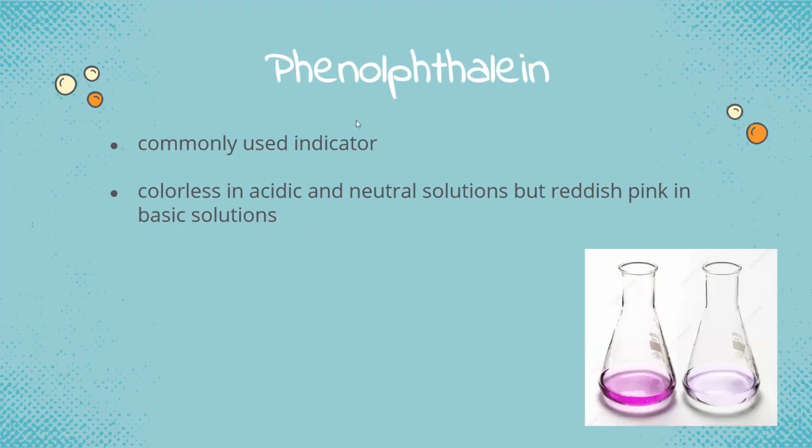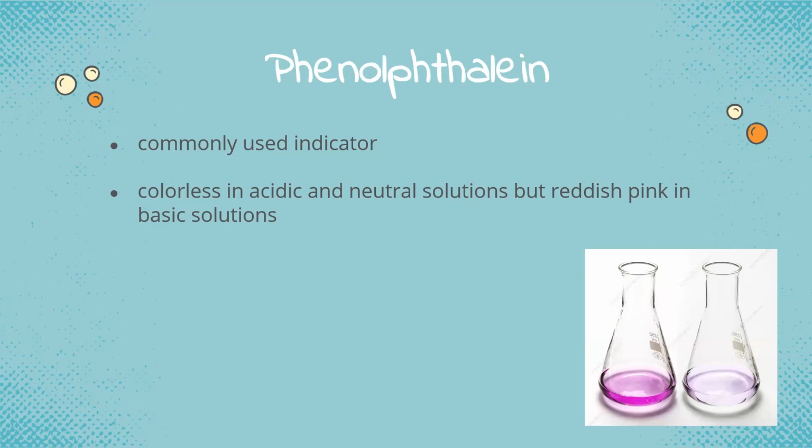So, nasabi ko rin kanina na the one responsible in the change sa color is the phenolphthalein, or I mean the indicator, but to be exact here in the titration, most of the time, we use phenolphthalein for sodium hydroxide and KHP. So itong phenolphthalein, ina-add siya doon sa Erlenmeyer flask na merong potassium hydrogen phthalate.